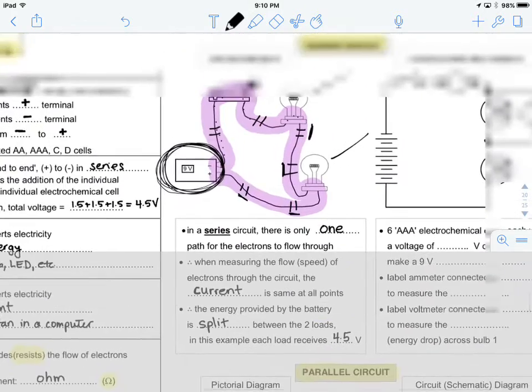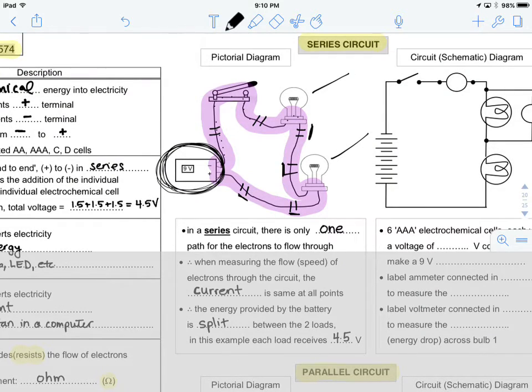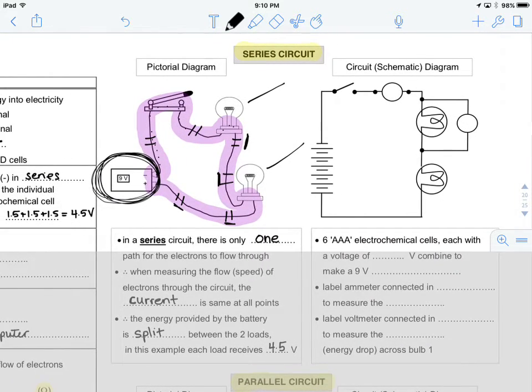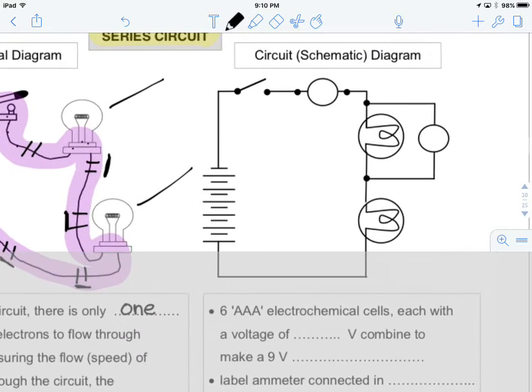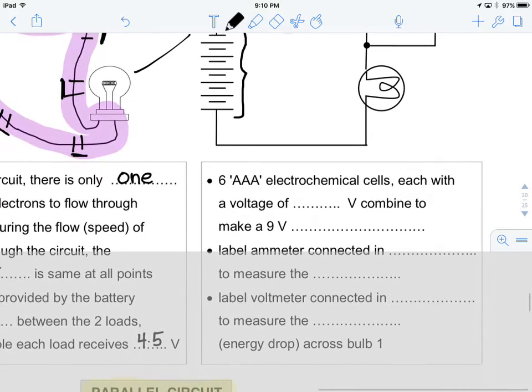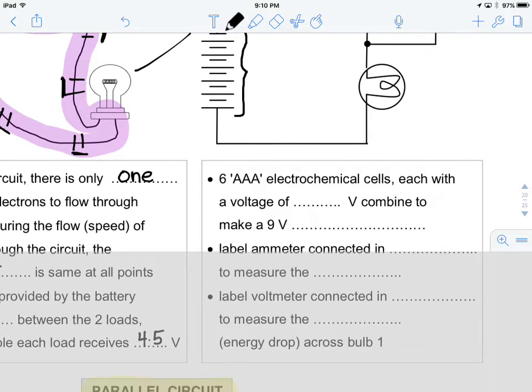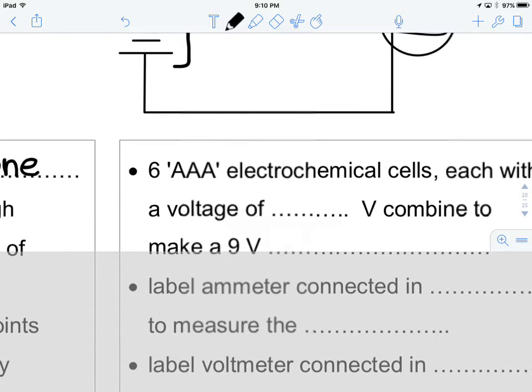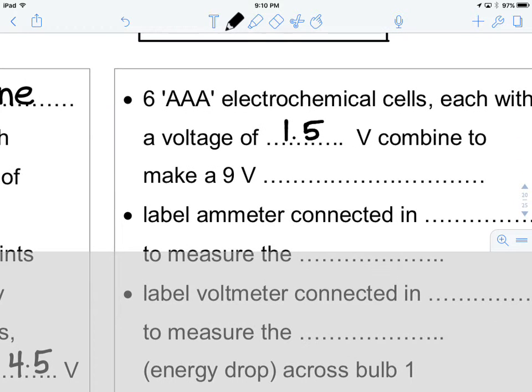Now let's take a look, because we've just done our circuit diagrams. Here would be the schematic of this diagram. What we'll notice first and foremost right here is 6 AAA electrochemical cells, each with a voltage of 1.5 volts, combined to make a 9-volt battery.